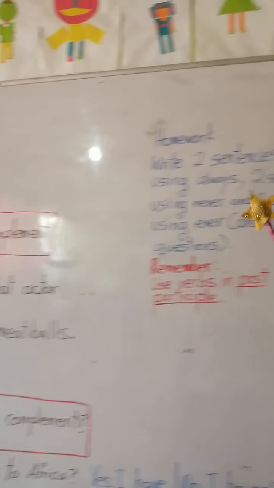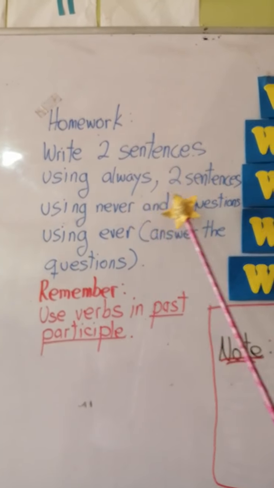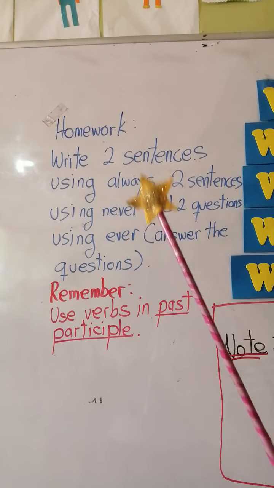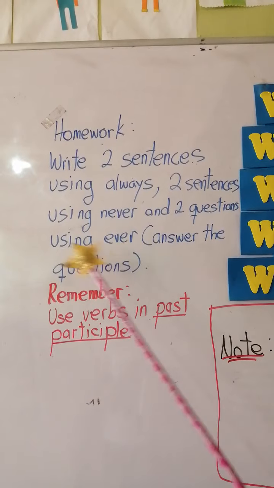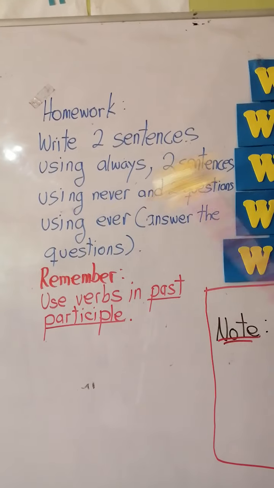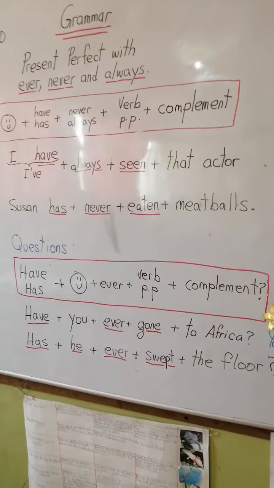Then you are going to change these sentences to 2 questions. Here we have 2 questions using ever. Don't do the same questions. You can write the questions that you want using ever, using this formula.